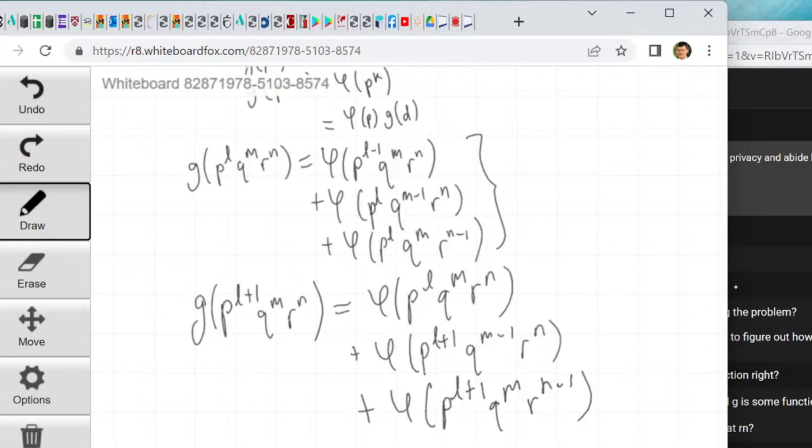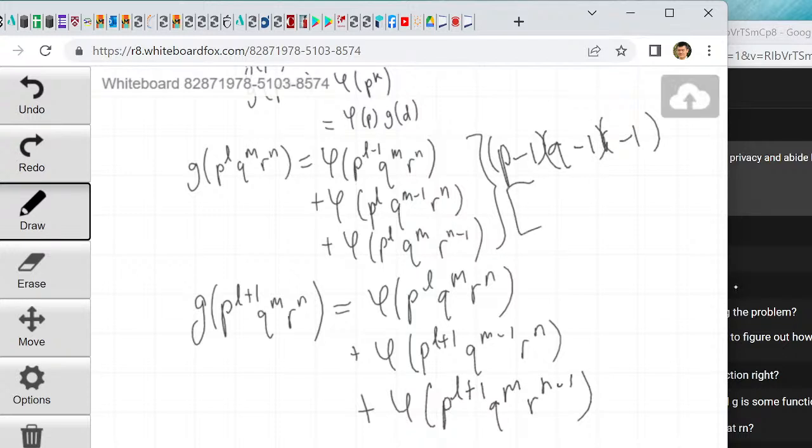So there's a, let's see, I don't know how many q's there are. There's always going to be a p minus 1, q minus 1, r minus 1.